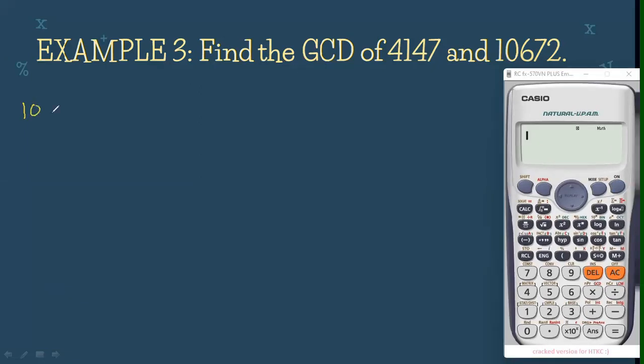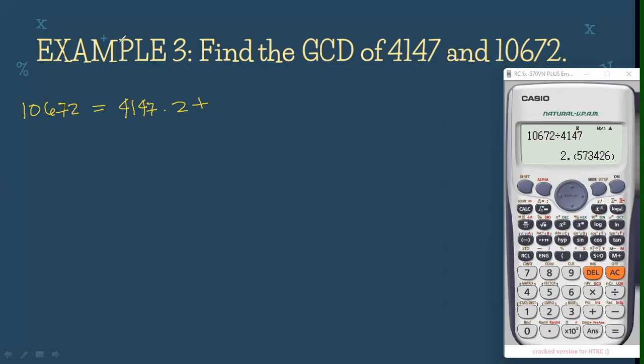We have here 10,672 is equal to 4,147 times, punta muna po tayo sa ating calculator para i-divide 10,672 divided by 4,147. So that will give us 2. So yung 2 lang po yung kailangan nating whole number.